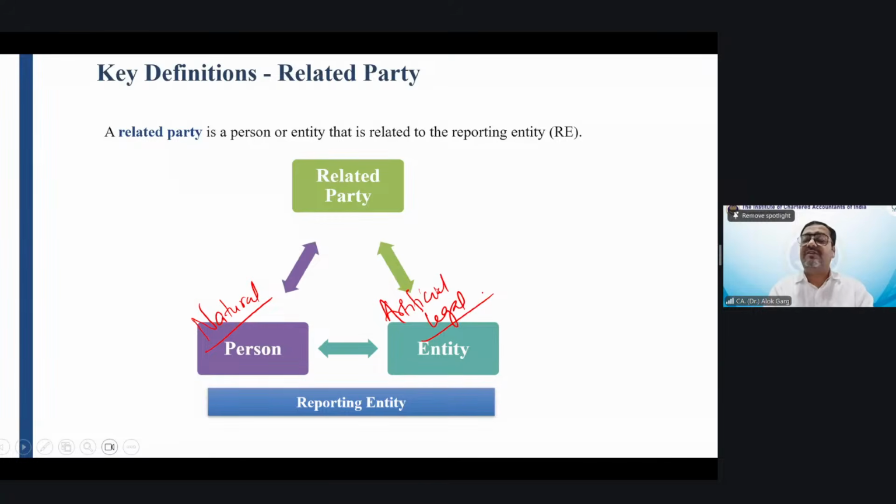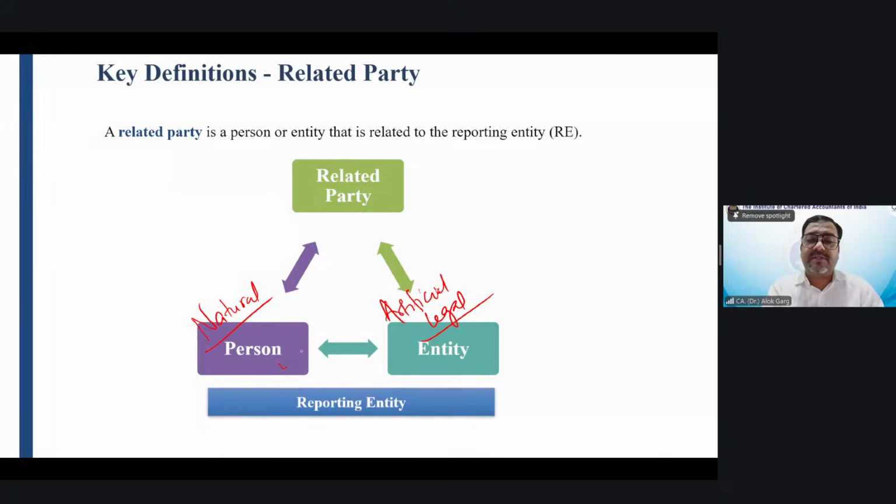What is meant by an artificial legal person? An entity. An entity can be a related party. An artificial legal person means an entity which has a separate identity, which has a PAN card, a CIN number, a registration number, a GST number, for example. So a related party can be a person or an entity.